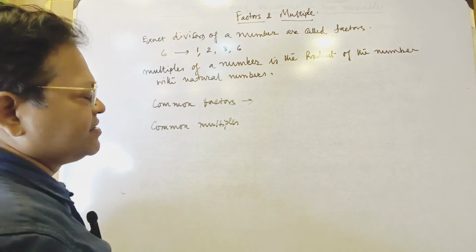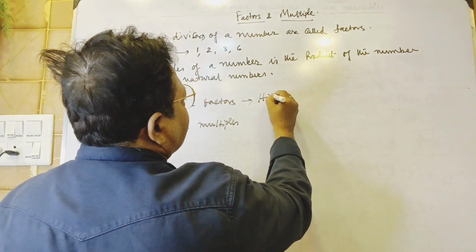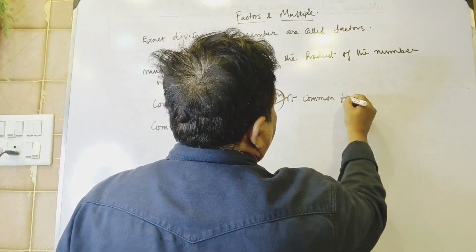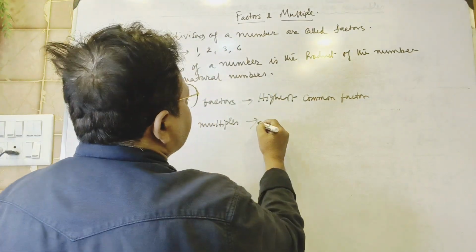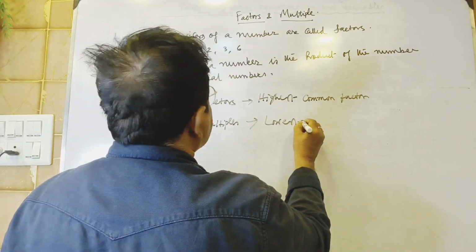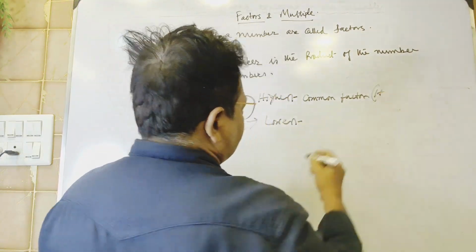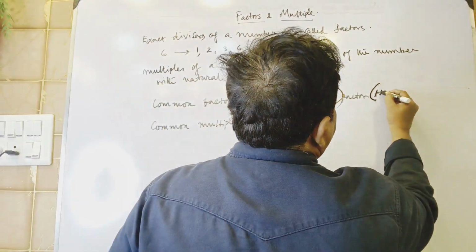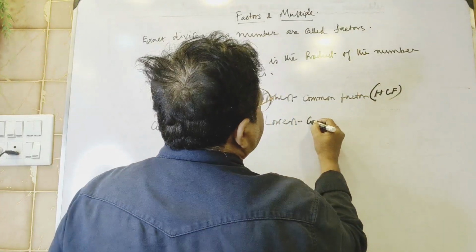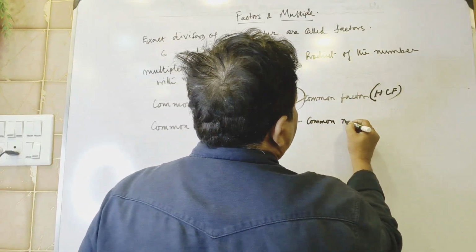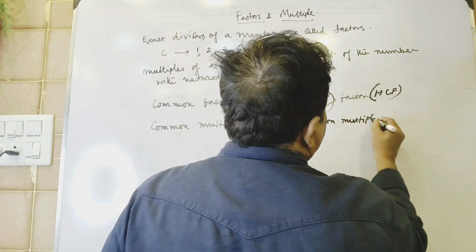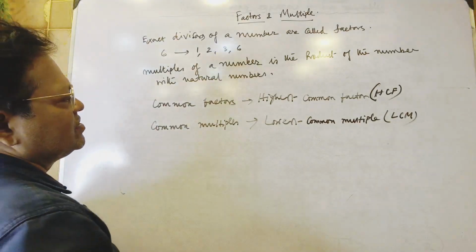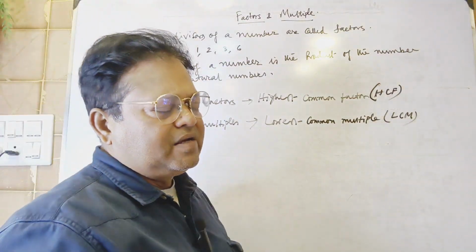From common factors, you will get the highest common factor, and from common multiples you will get the lowest common multiple, LCM. It is called HCF, and it is the lowest common multiple, that is LCM.